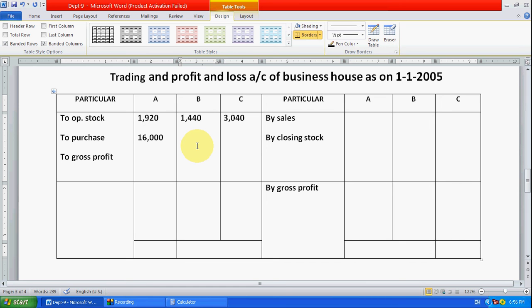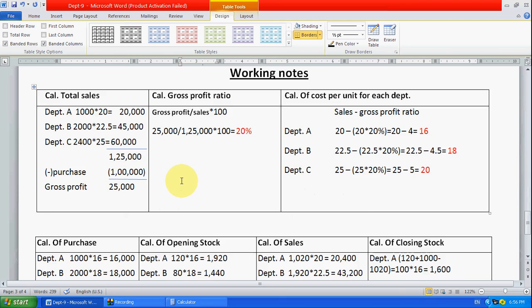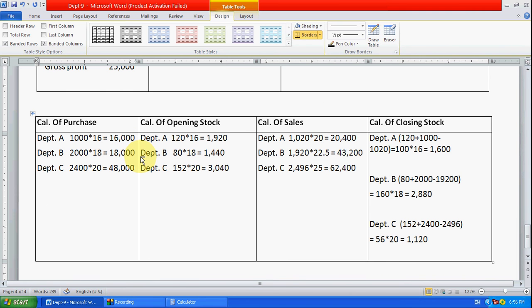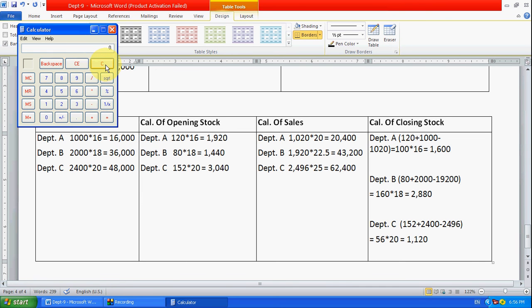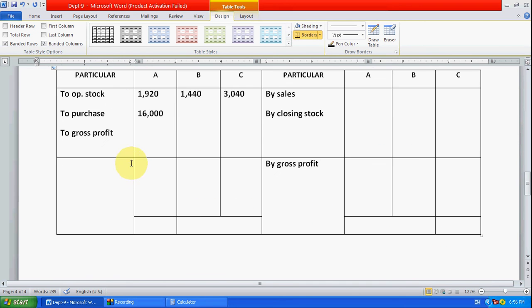Right here 18,000, that is 36,000. This one will be 36,000, by mistake it is 18,000. See on the calculator, 2000 into 18 means 36,000. So right here 36,000, then 48,000.